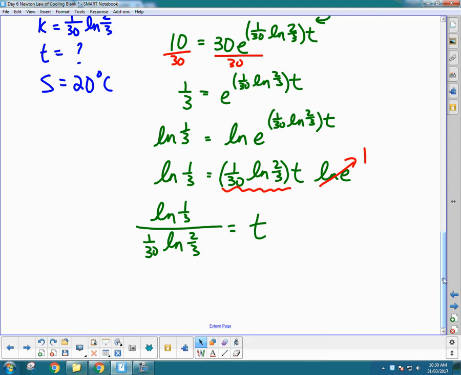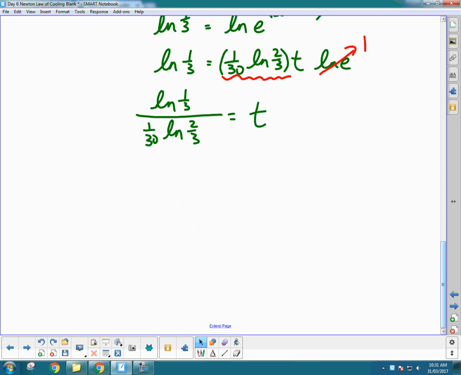This is where your practice from last night's homework will be helpful, because we know it's a little tricky to put this in your calculator, and you can do it in a couple of steps, but be careful, and hopefully we've had the practice from yesterday to know that this actually works out to 81.3 minutes. So it takes 81.3 minutes to cool the next 10 degrees. And it's really fascinating.